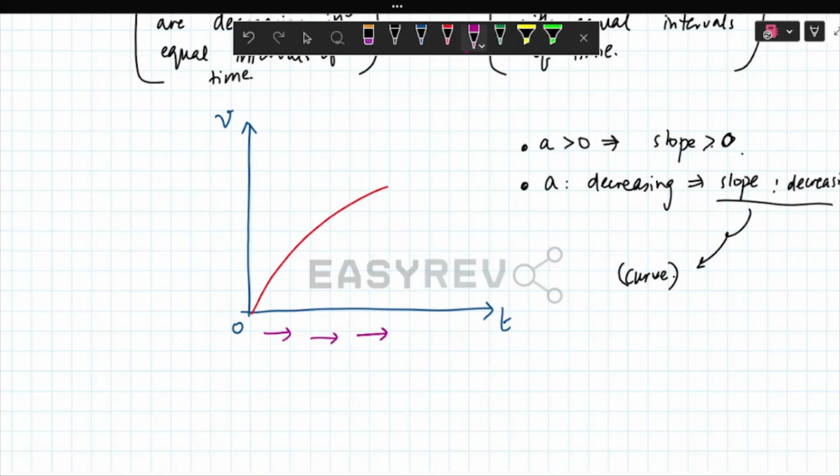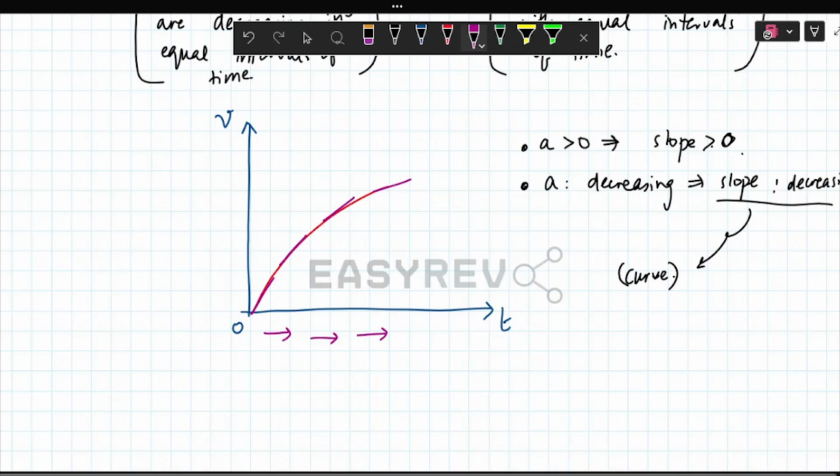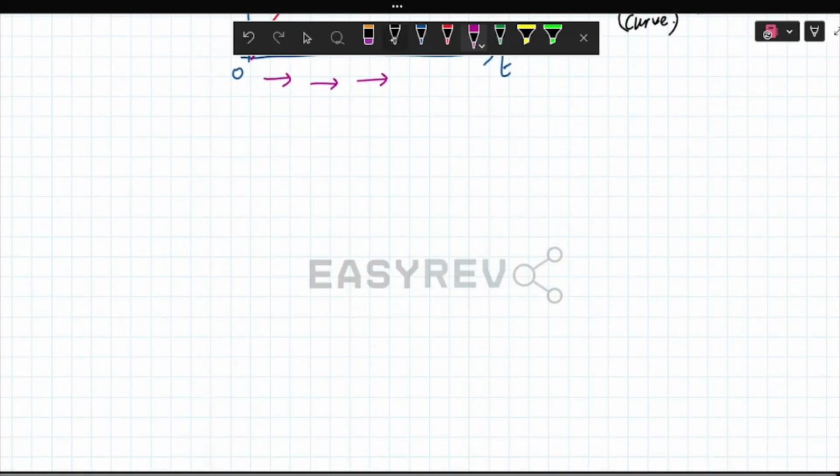To confirm this, we can draw tiny tangents at each point in time and see how the tangent's own slope is getting smaller and smaller, or is getting shallow, which justifies completely that this red curve works perfectly well for an object that's moving with decreasing acceleration. Great. So we have covered variable acceleration, specifically two types.